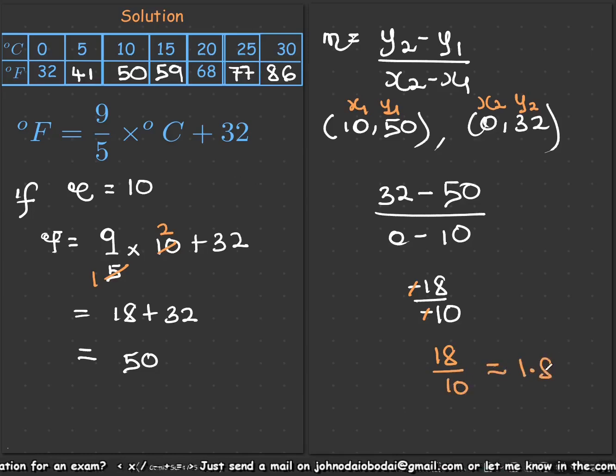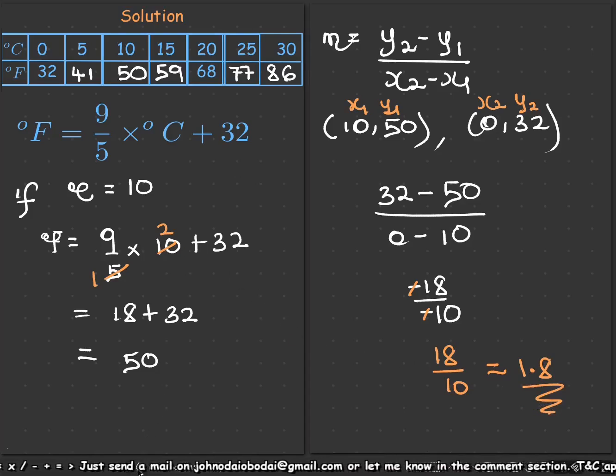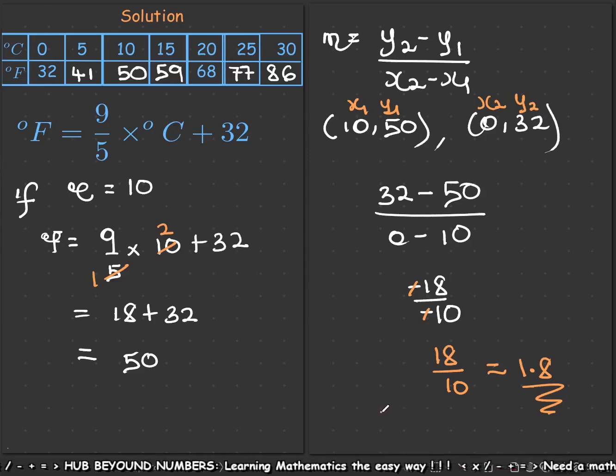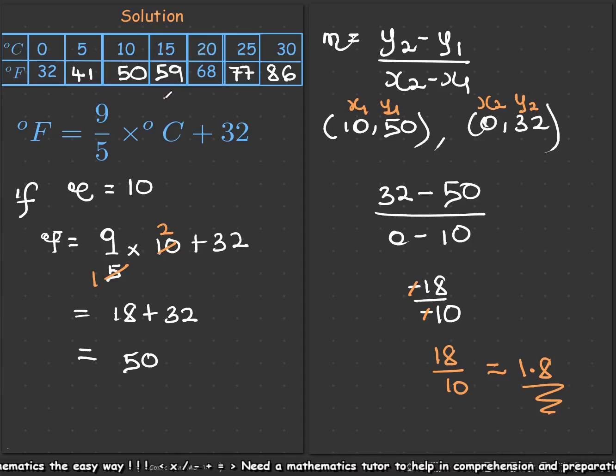1.8. Now this slope here actually means that the rate of change of the Fahrenheit, due to the change in degrees Celsius, is actually 1.8. You get it?